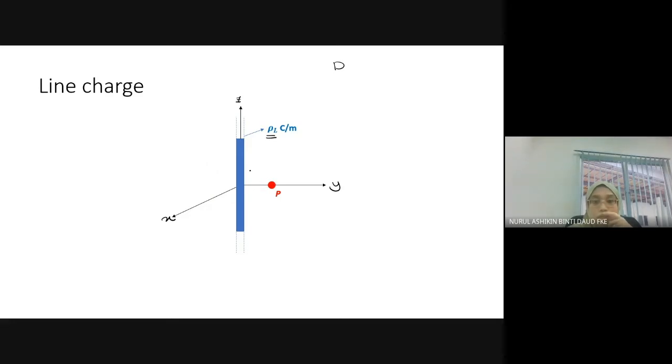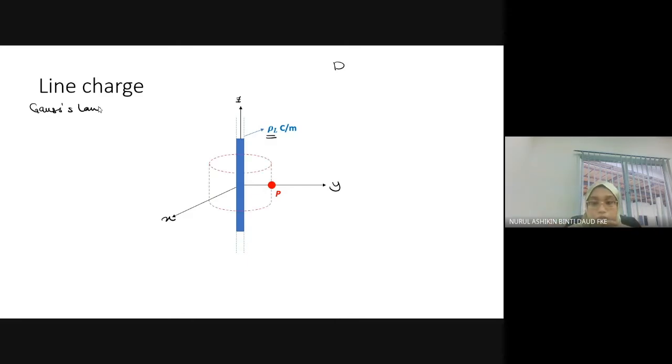Now, in order to determine the electric field density at this point P using Gauss law, we should have a Gaussian profile. What shape of Gaussian profile is suitable in this case?